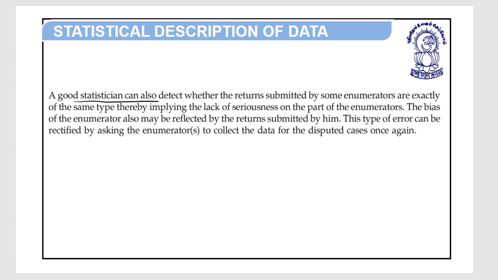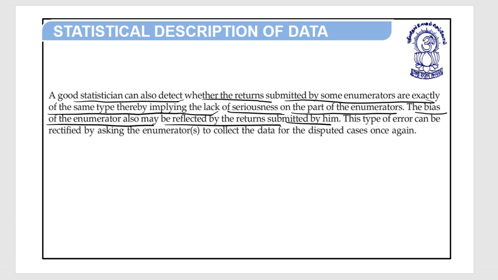A good statistician can also detect whether the returns submitted by some enumerators are exactly of the same type, thereby implying the lack of seriousness on the part of the enumerators. The bias of the enumerator also may be reflected by the return submitted by him.